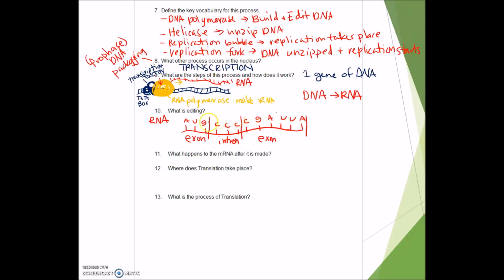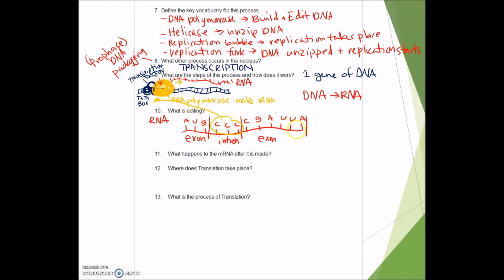And so this piece right here is going to get spliced out by the spliceosome. And it's actually going to go back up into this RNA polymerase here. And this is where that RNA polymerase is getting its nucleotides, is from the introns.